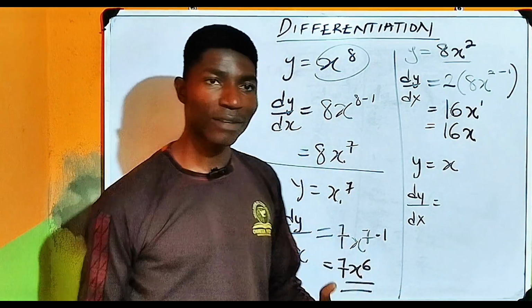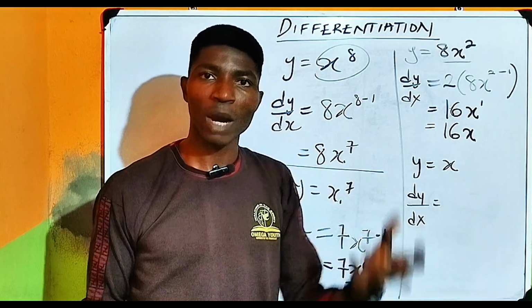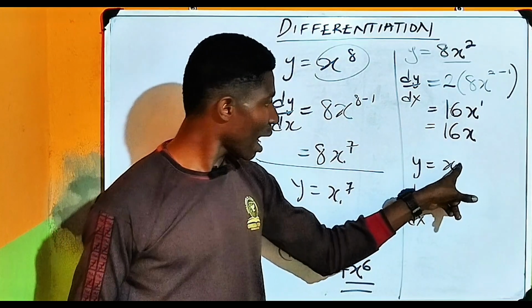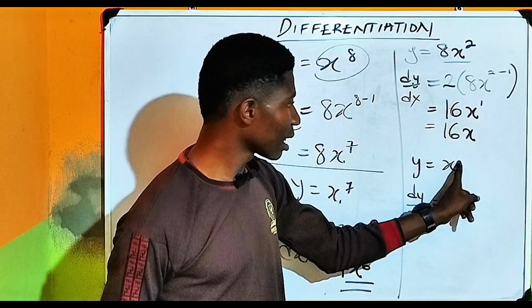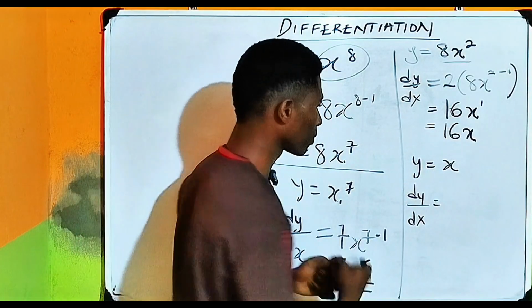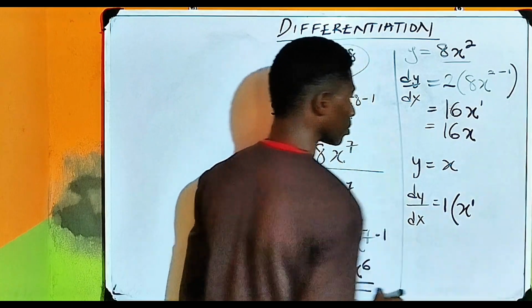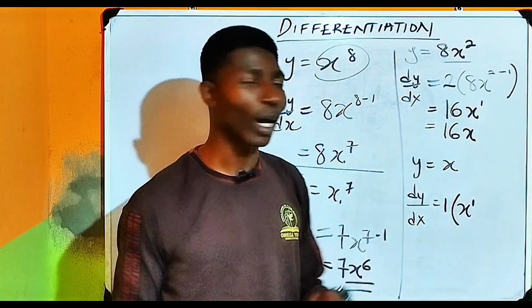That 1 is invisible. So there's an invisible 1 as the power of x. So let's take the power of x, which is 1, times x power 1. What is the second step? It's to subtract 1 from the power.